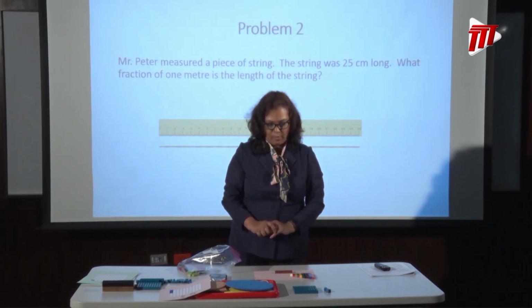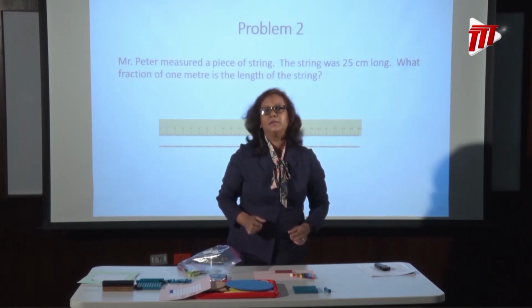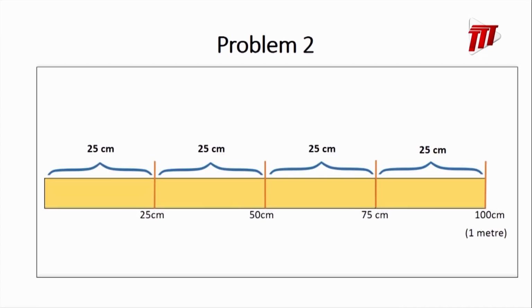Is there any other way I can represent this fraction? Let's look at it on the slide. This is our model of our problem 2. So we have our whole meter, which is represented by our brown rod, and we have each of the 25 centimeters represented by the smaller unit.